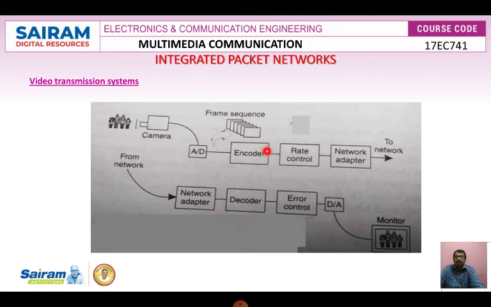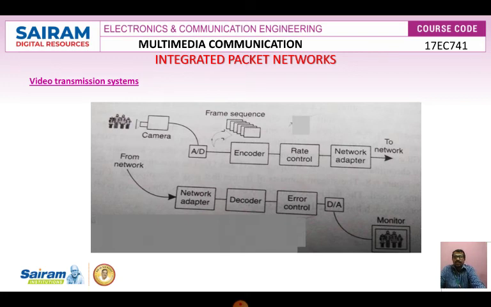This encoder output is then given to the rate controller. The rate controller will regulate the bit rates so the reconstruction can be easily done on the receiver side, and it is also given to the network adapter, then it will be given to the network.